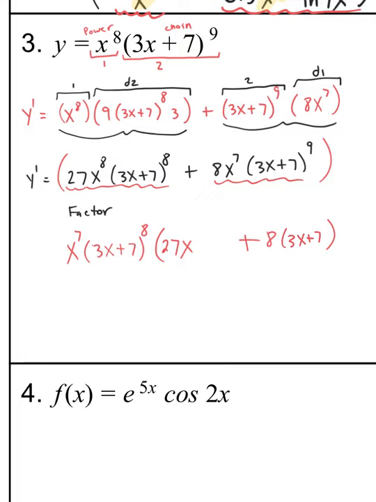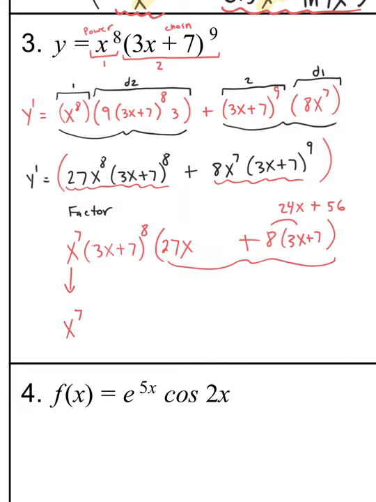So the last thing to do now is just to simplify in here. If you distribute here, that gives you 24x + 56.